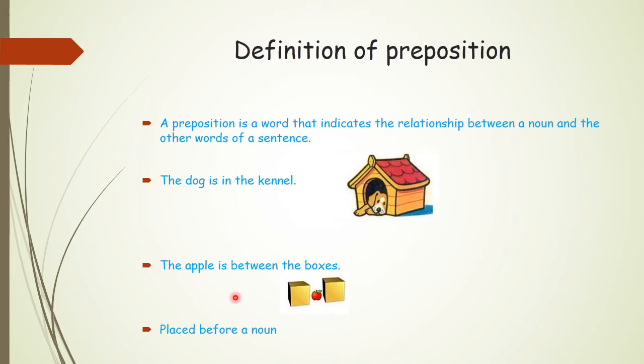So always prepositions are placed before a noun. That is why it is called preposition. Where is the position? It is before the noun. It is always placed before a noun.